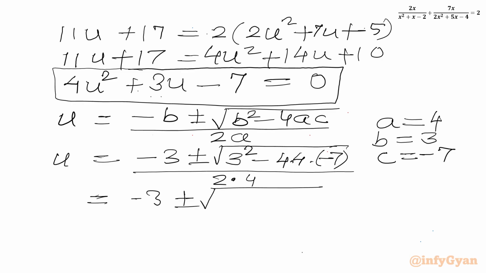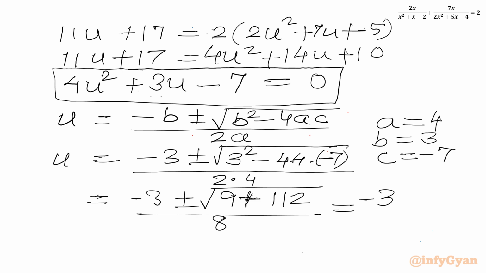Further I can write minus 3 plus minus, 3 square is 9, plus, minus times minus will be plus, 4 times 4 is 16, 16 times 7 is 112. So 9 plus 112 will be 121. Denominator is 8. So I can write minus 3 plus minus square root 121 over 8.